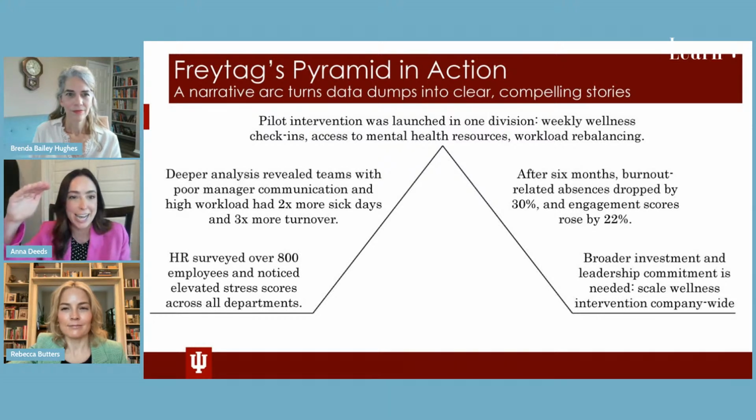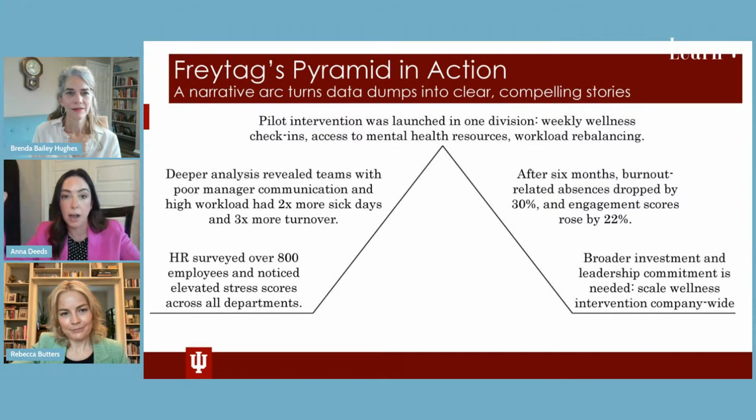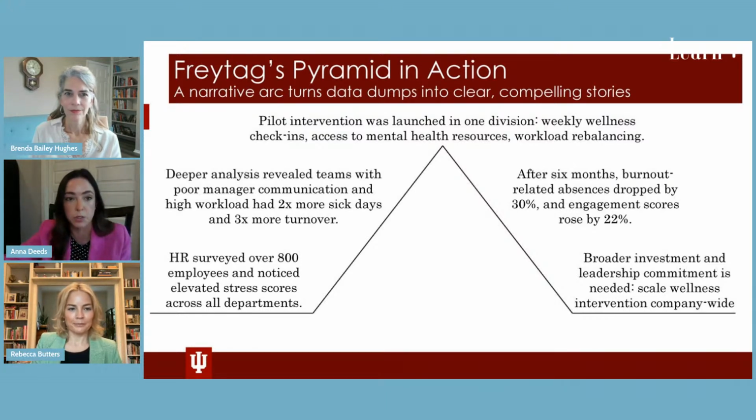Then the rising action: once we start to look at more information, there were a lot of issues with sick days and turnover. So that aha moment was, all right, we've got this issue. Let's pilot in one division these weekly wellness check-ins, access to mental health resources, workload rebalancing. We're just going to do it in one area and see what happens.